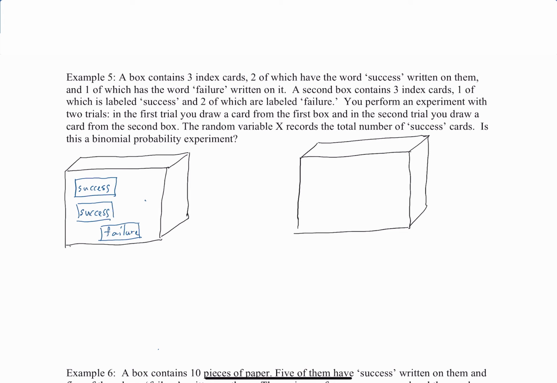Then we have a second box in which 1 card is labeled success, and 2 cards are labeled failure.